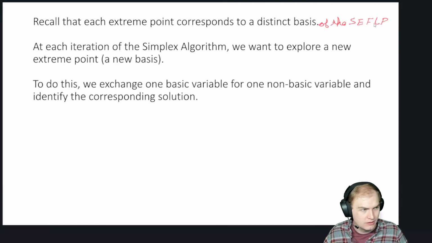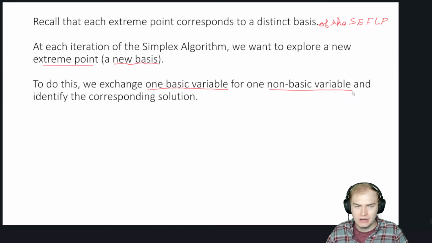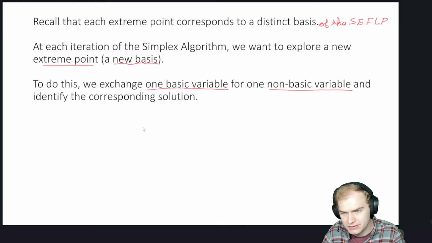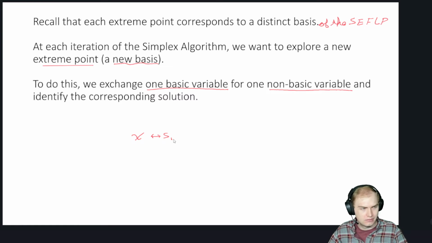So at each iteration of the simplex algorithm, which, by the way, is the name of the process we're doing today, we want to explore a new extreme point, i.e. a new basis. So to do that, we exchange one basic variable for one non-basic variable, and then identify the corresponding solution. So what we did last time is we exchanged x for s1 in the basis, or s1 for x, I suppose.